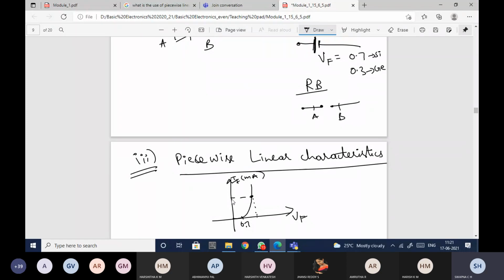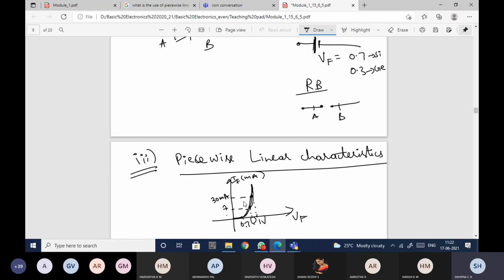Let me assume that at this point I have the voltage value as 1 volt and the current value as 30 milliamperes. If I know the voltage but not the current, or the current but not the voltage, I can use this forward characteristics and find it.